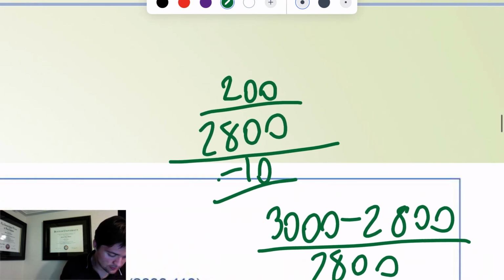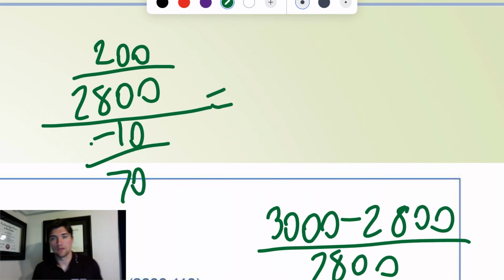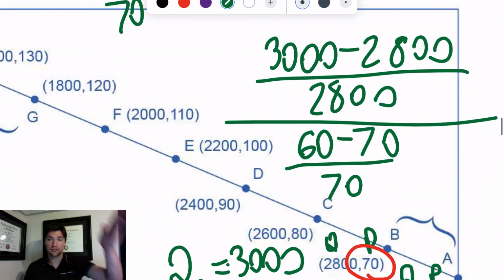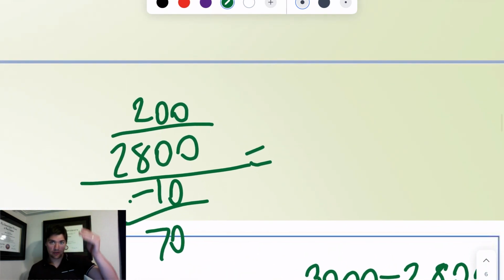All I'm doing is just going straight down. Make it simple. Now I'm going to go straight down again.